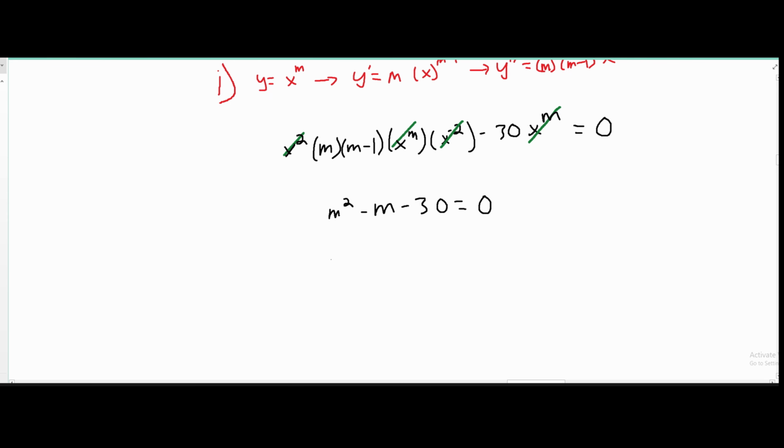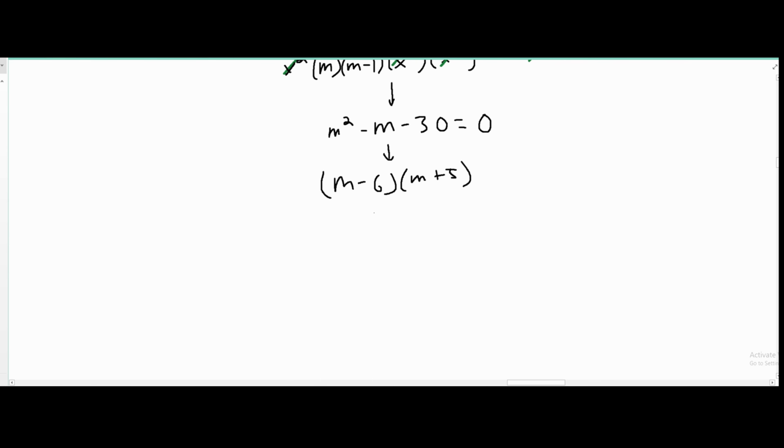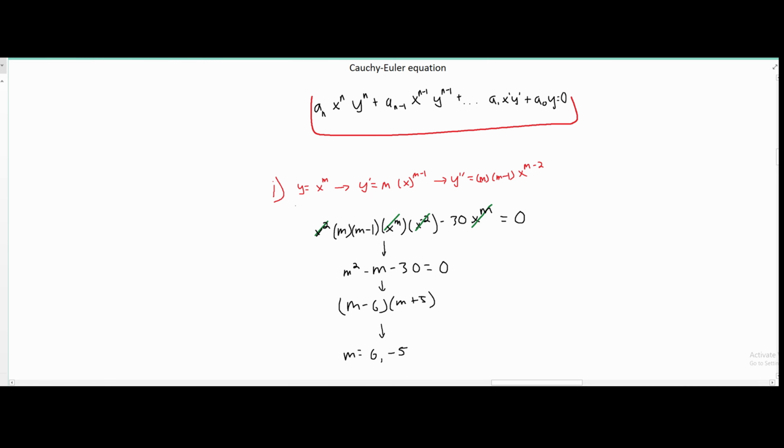In finding our m's, we're going to see that we get m minus 6 and m plus 5. So m minus 6 and m plus 5. From here, we can set our m values to be 6 and negative 5. We're going to then plug this back into our y value right here, just like we have done before, except this time we have only one m here and we have two m's here. So that means this needs to be rewritten.